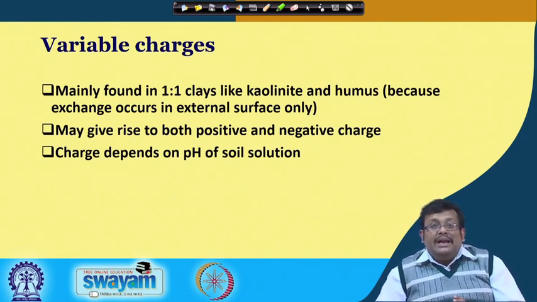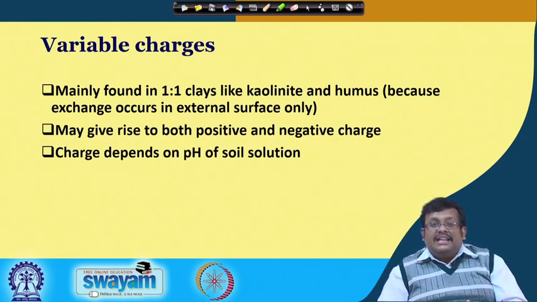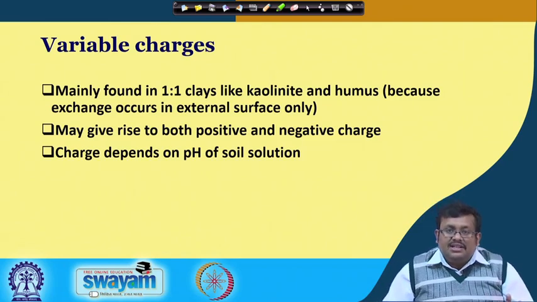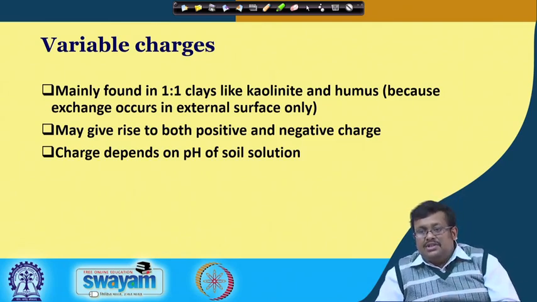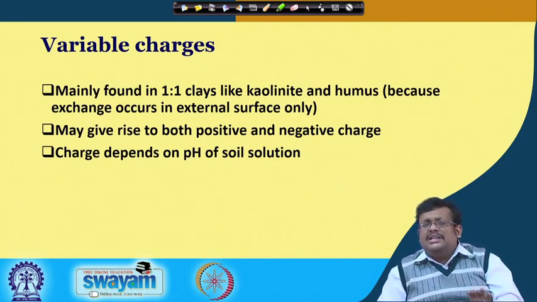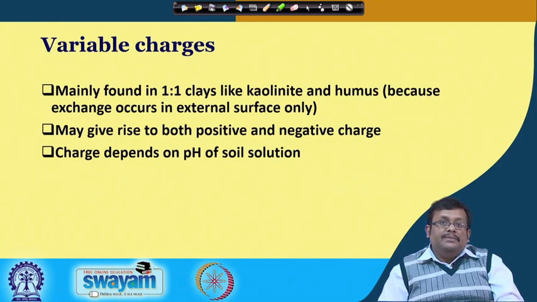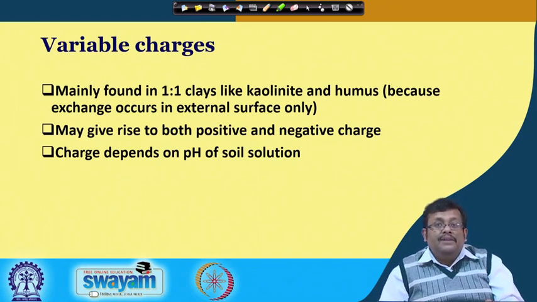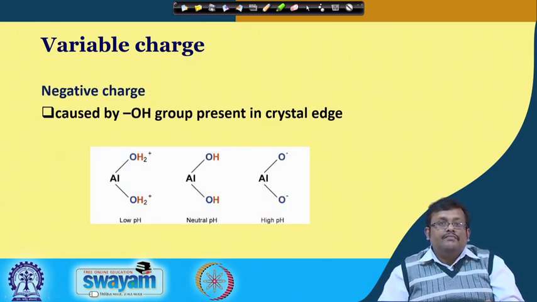They may give rise to both positive and negative charge. That is why we call it variable charge, because they can generate either positive or negative charge. However, in case of constant charge, it is mostly negative charge. In case of variable charge or pH dependent charge, it depends on the pH of the soil solution.